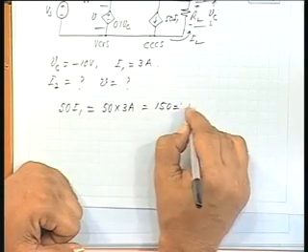This is given as 50 I1. So, 50 times I1 is equal to 50 into 3 amperes, that is 150. This will be equal to I2.